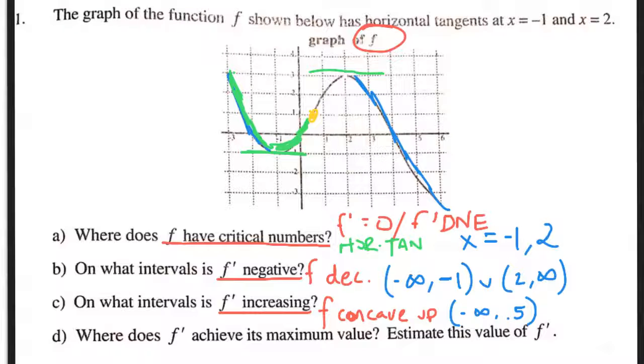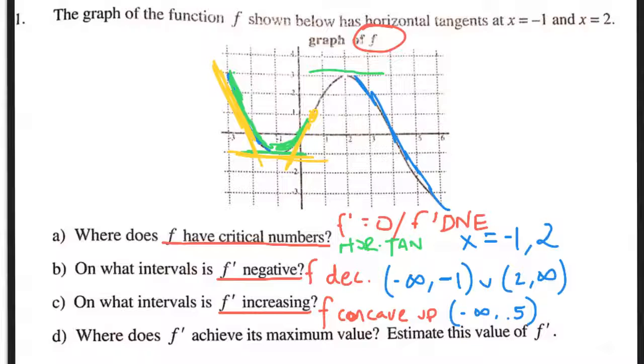Alright, and lastly, where does f prime achieve its maximum value? Well, that place is going to be where the graph of f changes from concave up to concave down. We talked about that in another problem. Our slope is negative there, our slope is 0 here, and our slope is positive here.